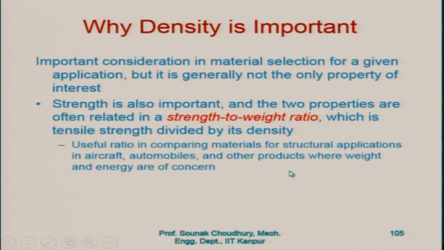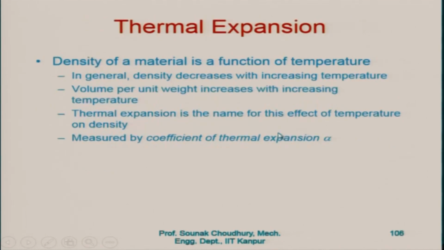Density is important in material selection for a given application, but it is generally not the only property of interest. The strength to weight ratio is more important here, which is tensile strength divided by the density.